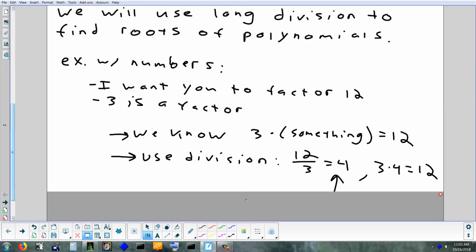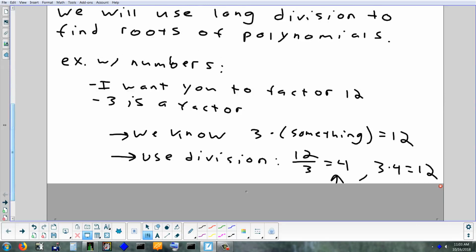If you divide each side by 3, 12 divided by 3 gives you 4. If you check it, 3 times 4 is 12. There you go, you just factored the number 12, and the whole key was dividing. We took what we had, divided by something we knew was a factor, and got the other factor.